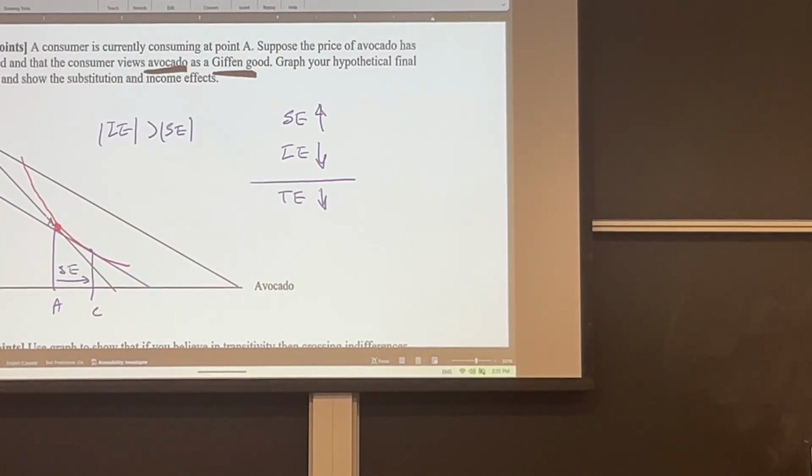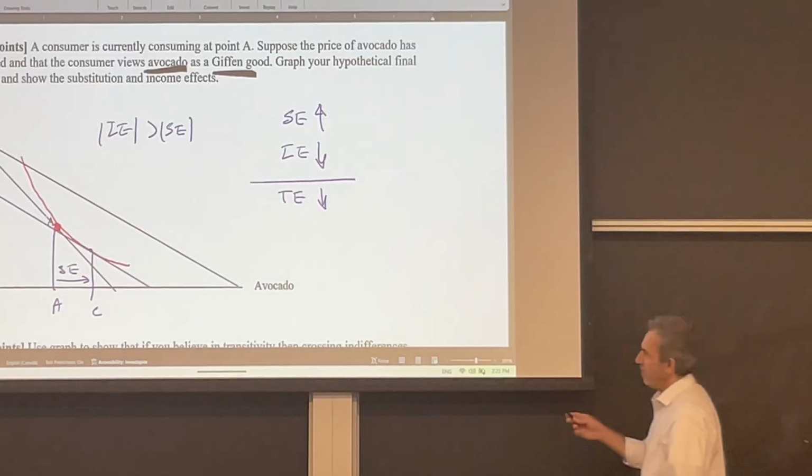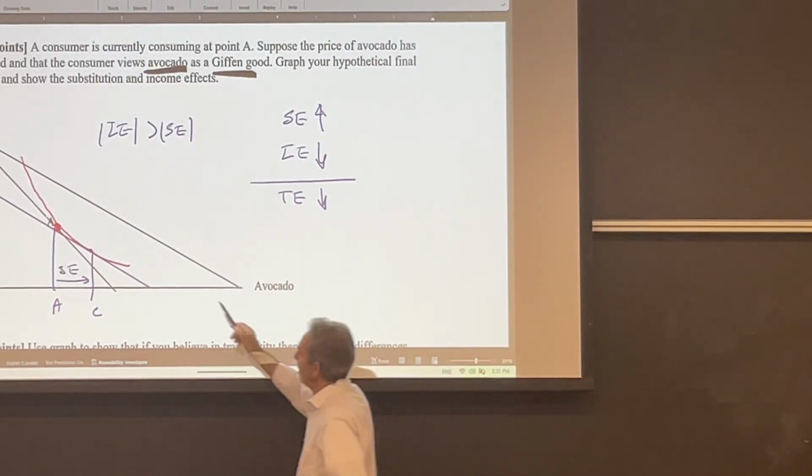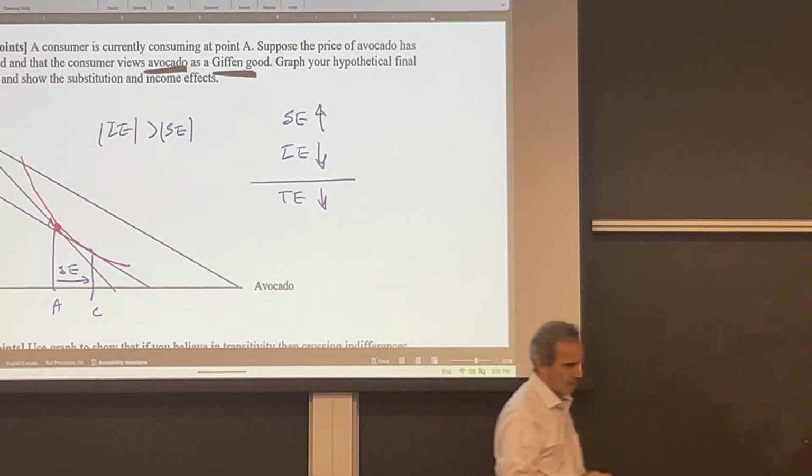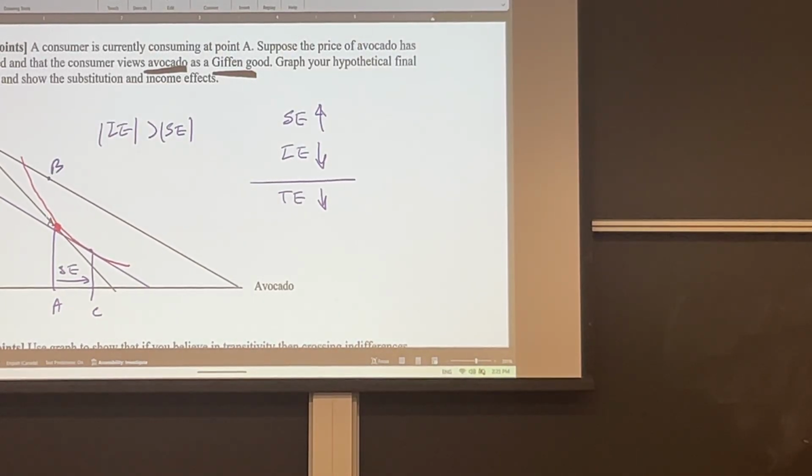That's a Giffen. So to graph the Giffen, B should be to the left of this one. Anything to the left of A will give you a Giffen good. So I graph to the B. That is now income effect.